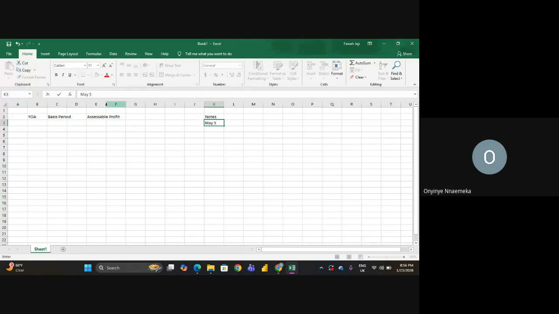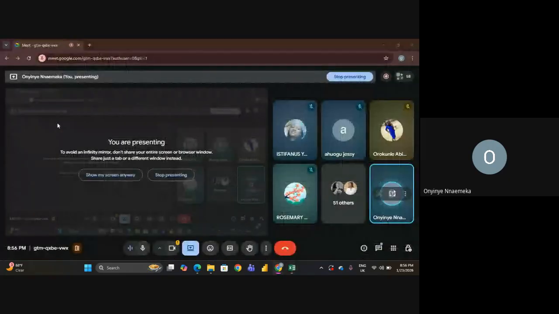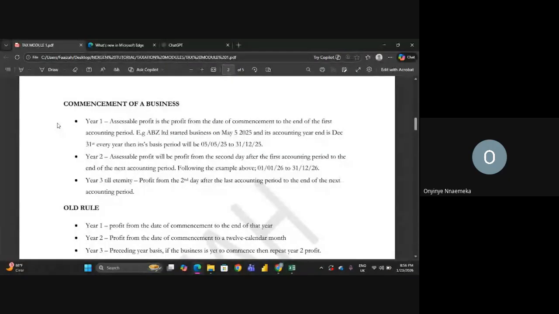And the first rule says that from the date of commencement, which is 5th of May 2025, to the end of the first accounting period. What is the accounting period here? The accounting period is December 31st every year.